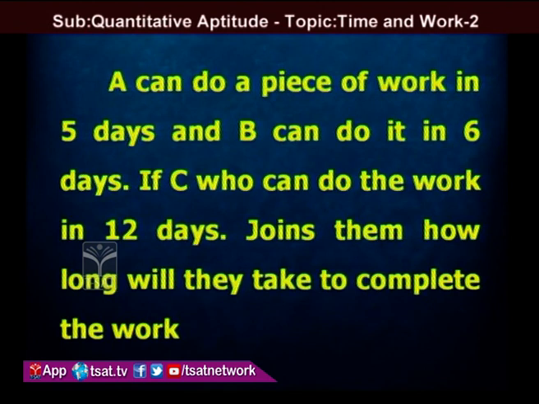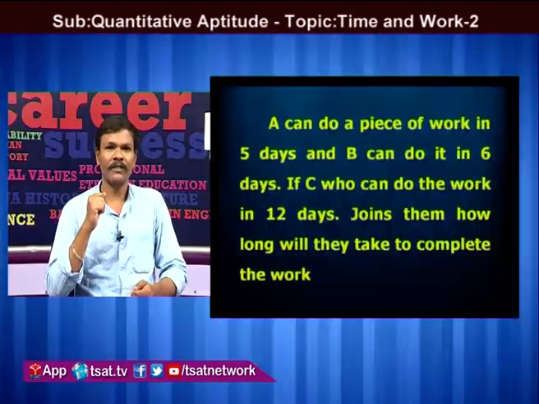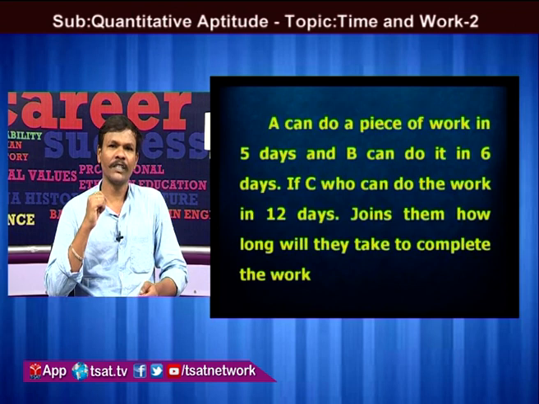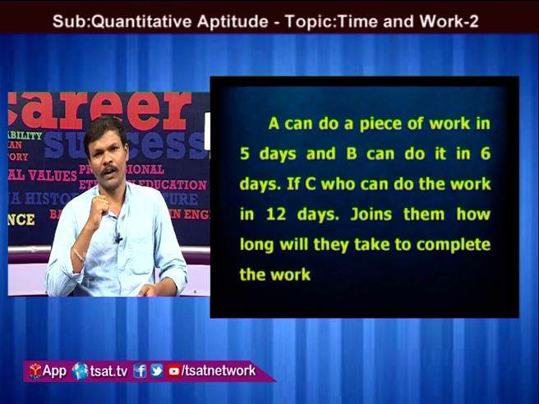Next question: A can do a piece of work in 5 days, B can do it in 6 days. If C, who can do the work in 12 days, joins them, how long will they take to complete the work? In this question, we have the working days of A, B, and C. In the earlier sessions we completed A and B working together.